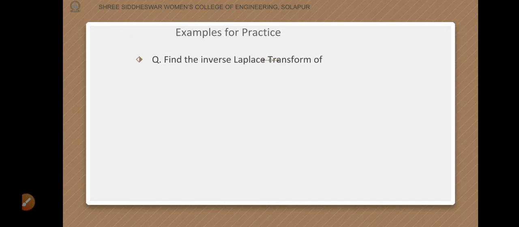Now some examples for practice. Referring to the solved example in case of the Heaviside unit step function, you can solve these examples. The first example can be solved referring to the first solved example.